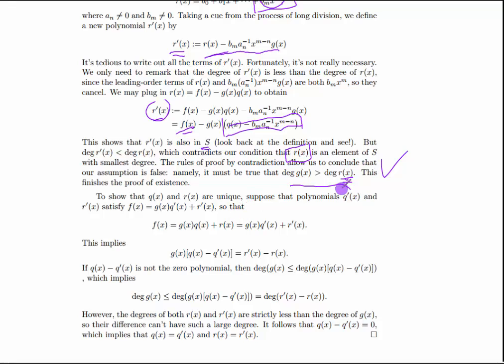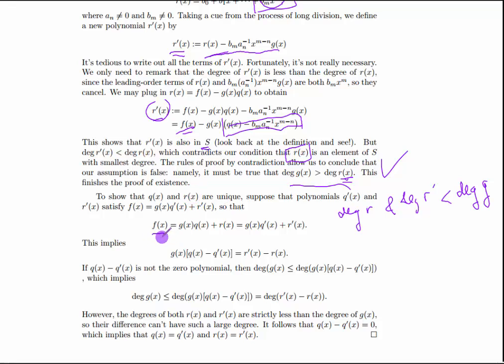Okay. Now remember, we're presuming that the degree of r and the degree of r prime must be less than the degree of g. Okay? Because they're both these remainder polynomials.